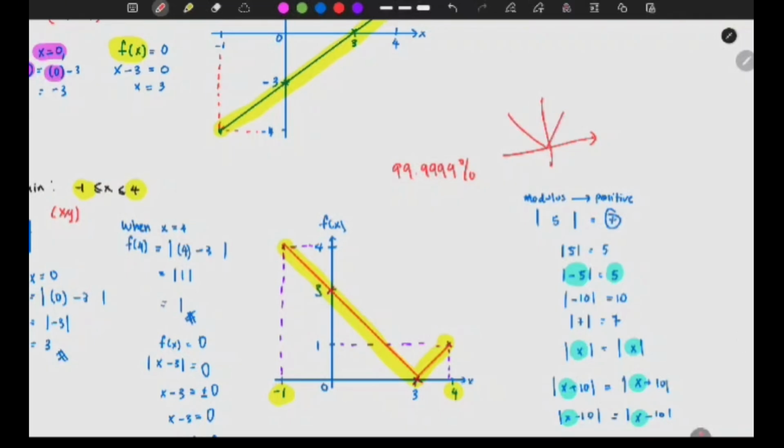You will never get a straight line. Why is it? Because as I say, what is the function of modulus? Makes number positive.